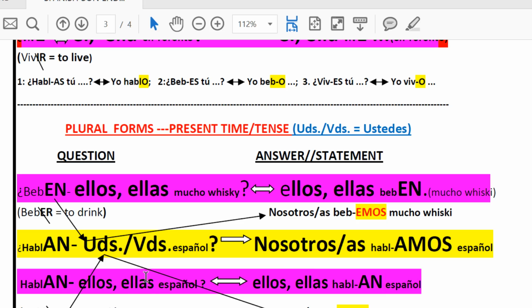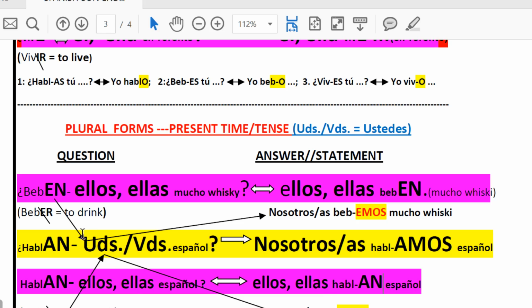Similarly for ellas, hablan ellas español? Sí, ellas hablan español. And you can also put it in the negative. Ellos no hablan español. Ellas no hablan español.